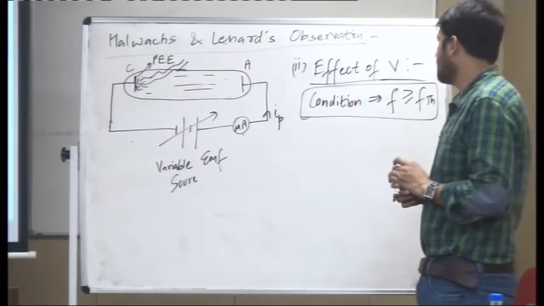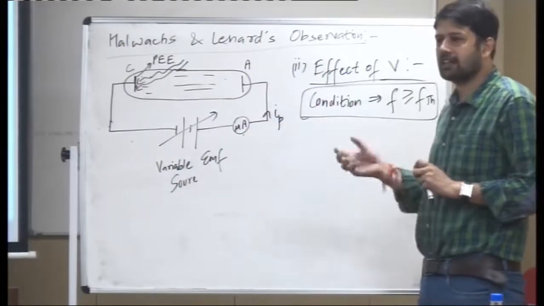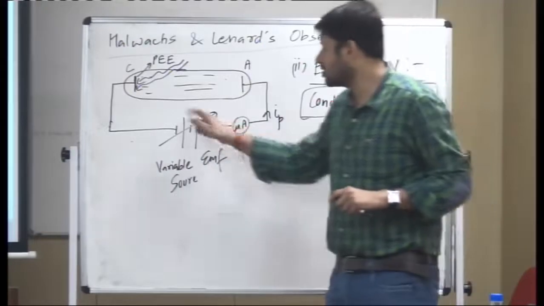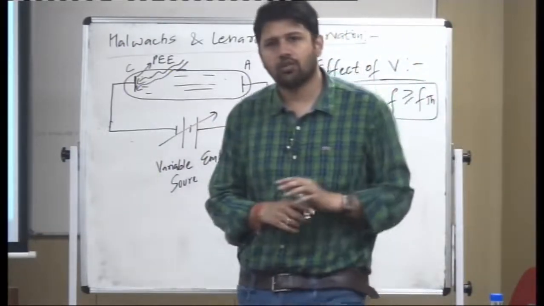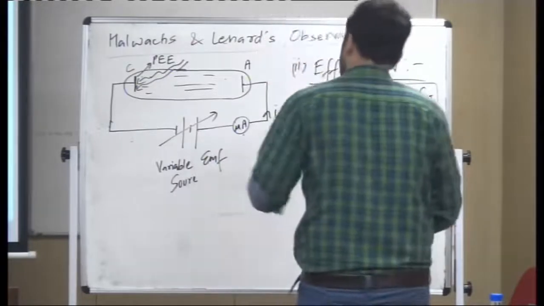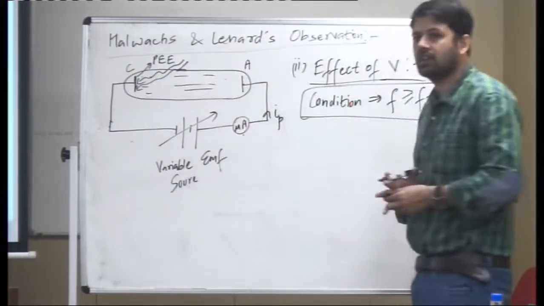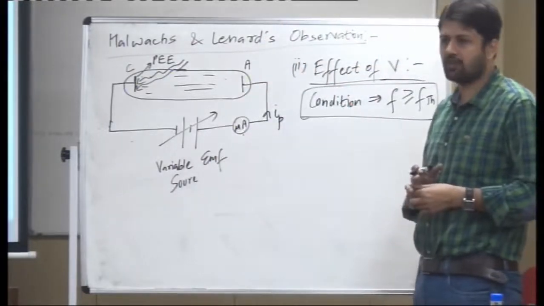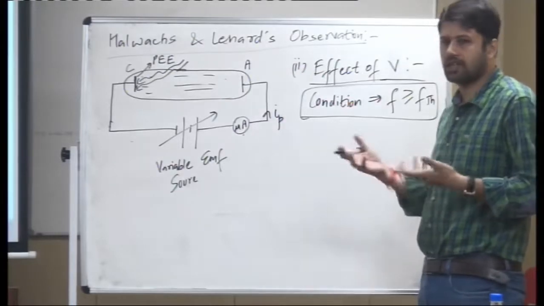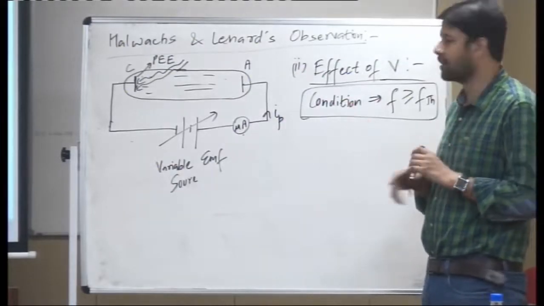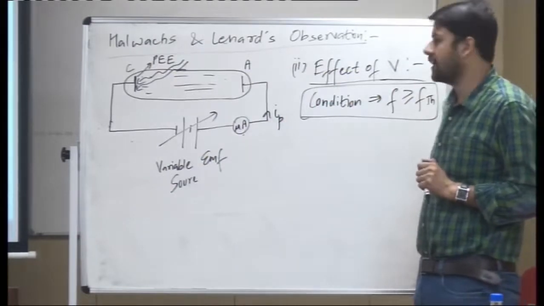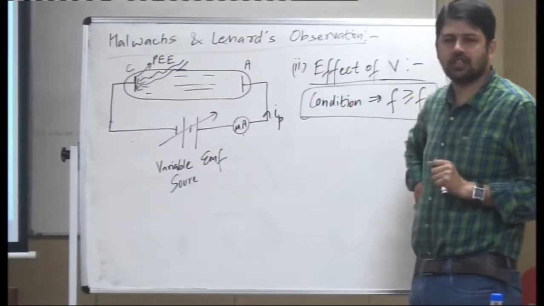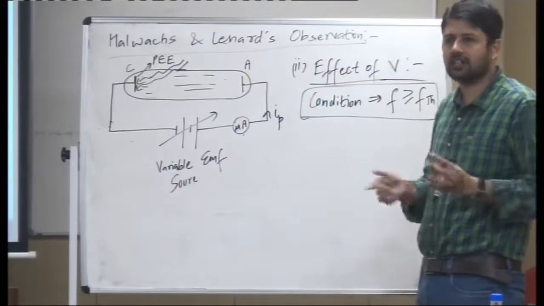So in this case, initially when V was 0, there was some photocurrent. As voltage was increased, photocurrent increased. But at one point of time, saturation happened. Any further increase in voltage couldn't increase the current.